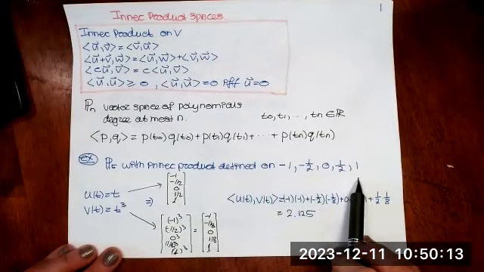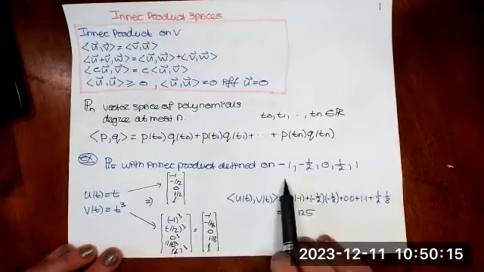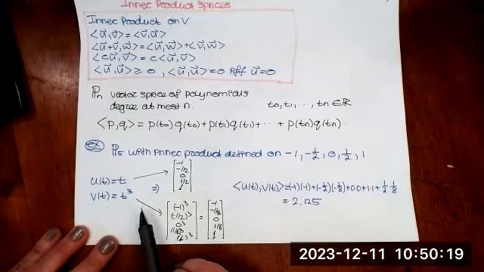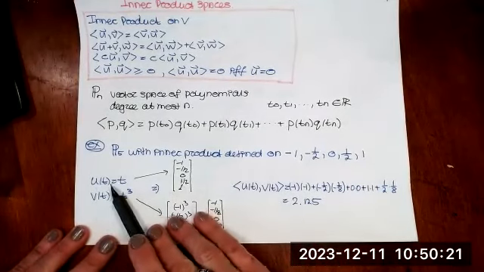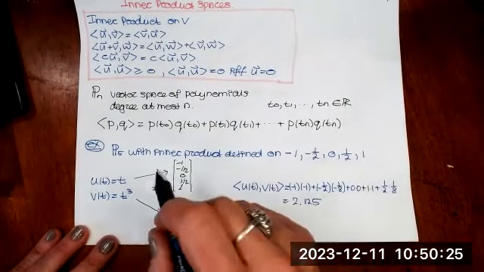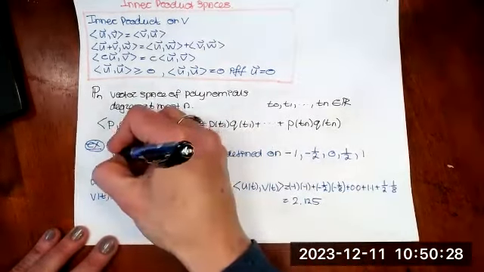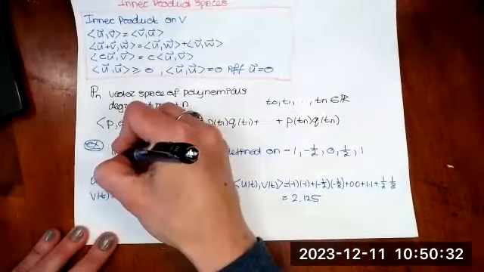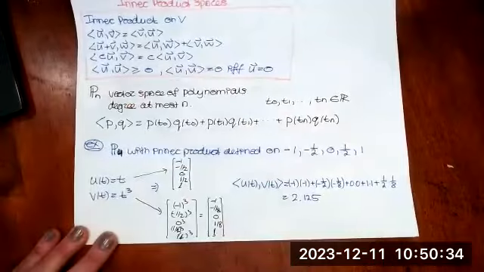Now, how do I write my vectors here? So if I had u of t, actually this should have another one. It should be 4.